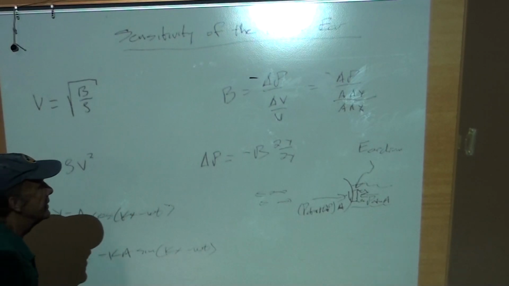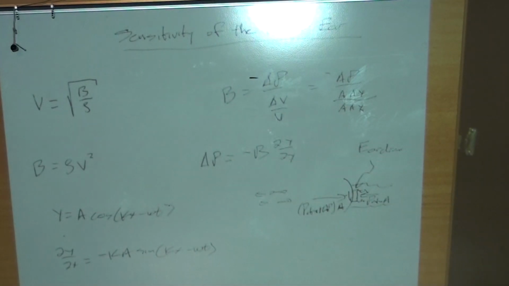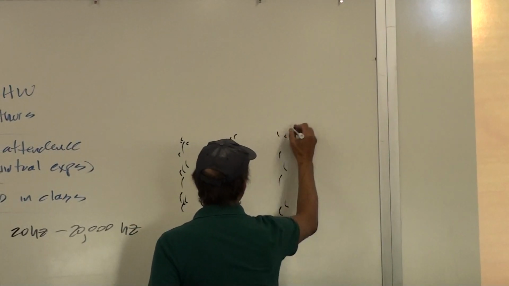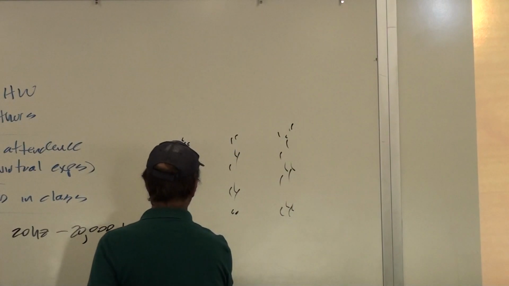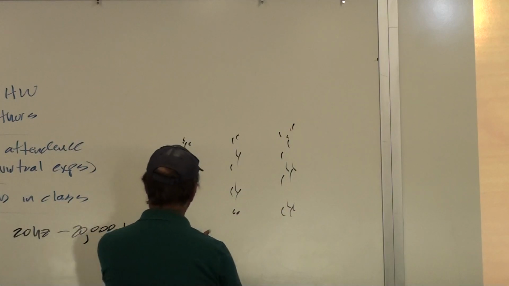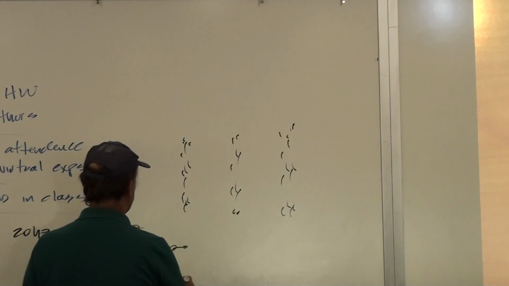And so if we're then talking about a compression wave, like this, where we have regions of higher compression, then what will happen is that the molecules will move back and forth with simple harmonic motion.